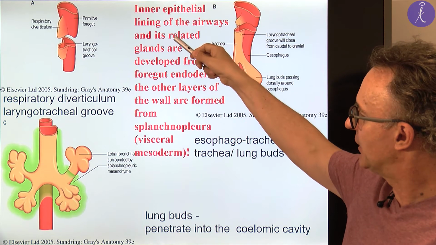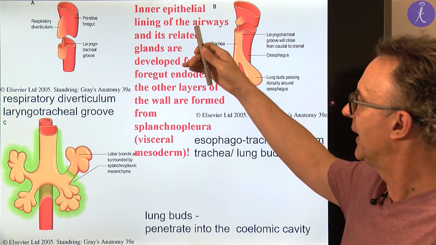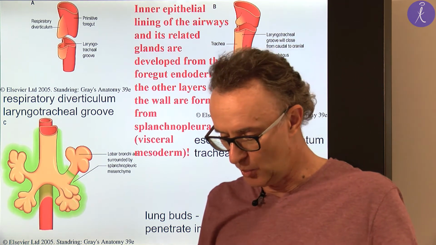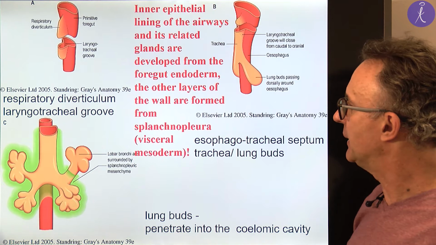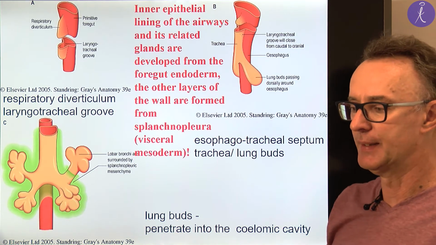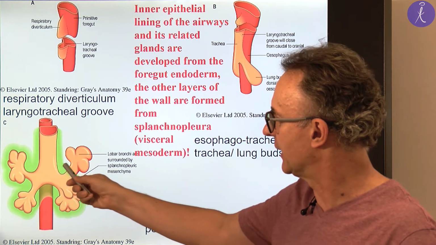So the epithelium lining and the related glands are from the endoderm of the foregut, and the rest of the wall of the tube is derived from the surrounding visceral mesoderm or splanchnopleure. Here you see this in green.